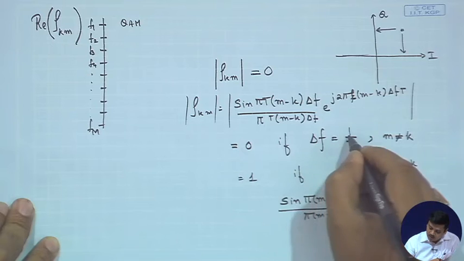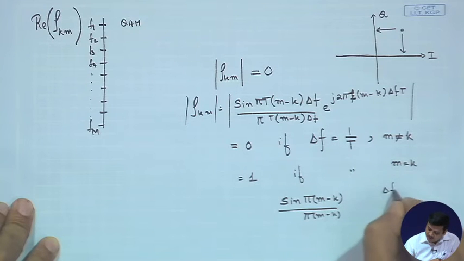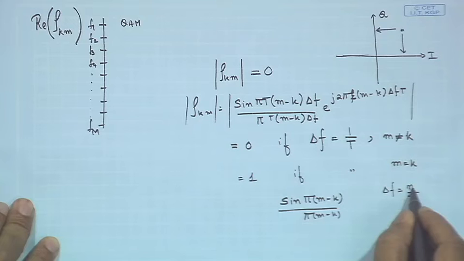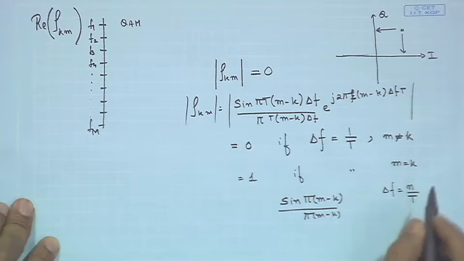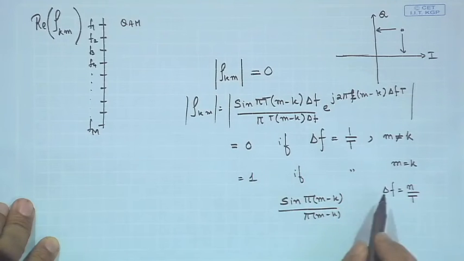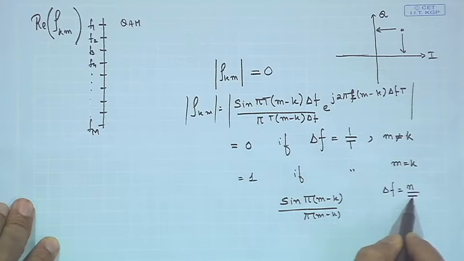Rather, you could say that delta f is equal to n upon t, for all integers n not equal to 0, you will be getting this going to 0. So, that means for all frequency separations that are multiples of 1 by t, that is what we actually have.